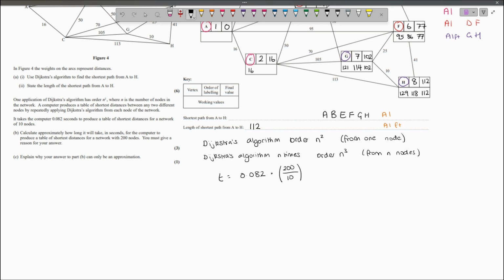But this is only the scale factor for n. And we've got an order of n cubed, so we've got to cube this 200 over 10. So our time is going to become 0.082 times 200 over 10 cubed, which is equal to 656 seconds.